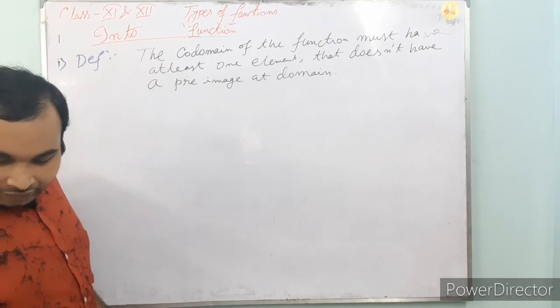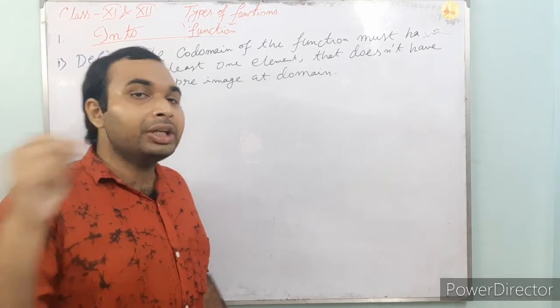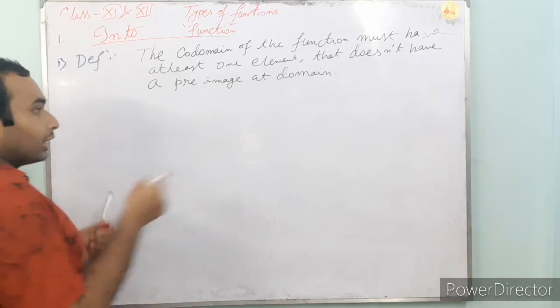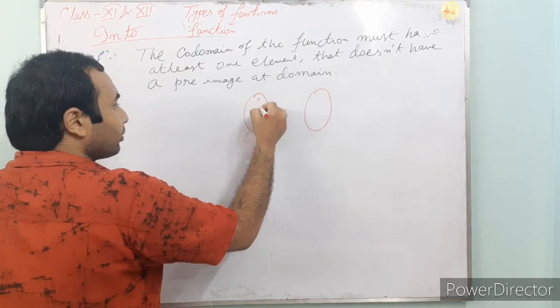What we were discussing previously for the one-one and many-to-one functions, for those two cases we have drawn the arrow diagram like that.